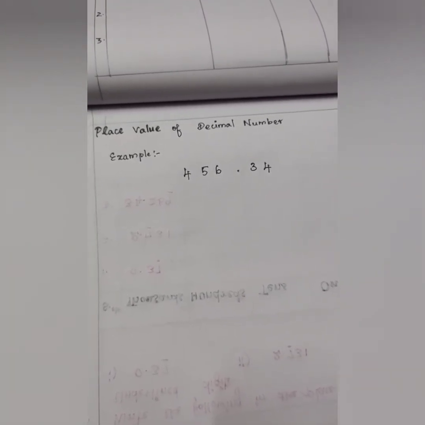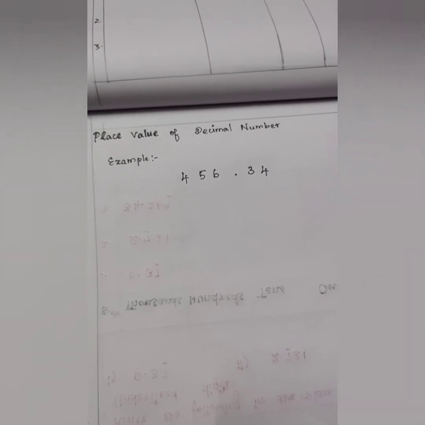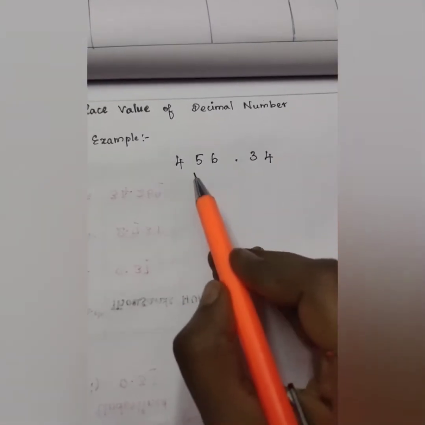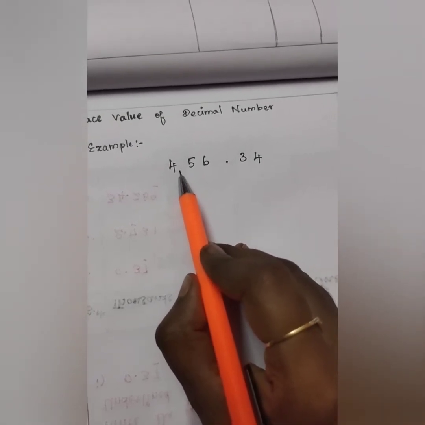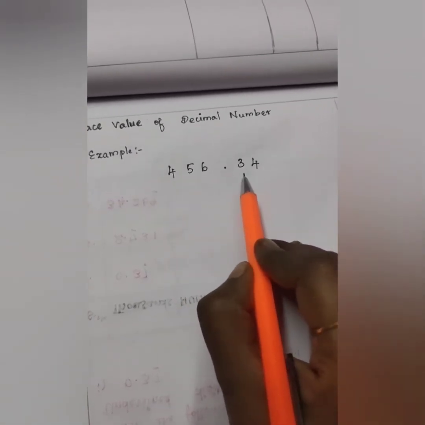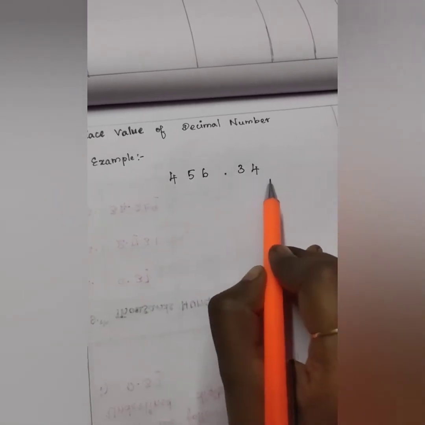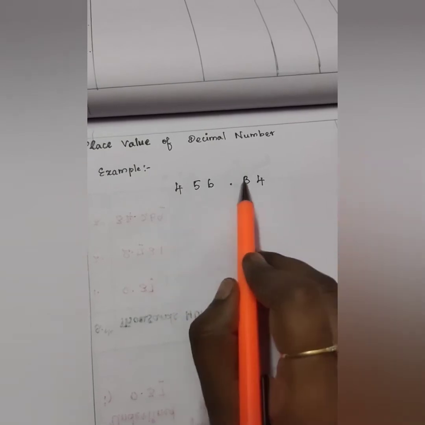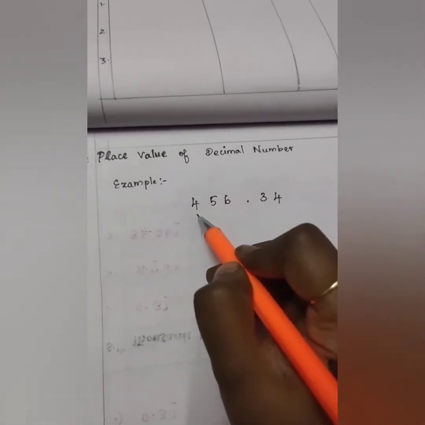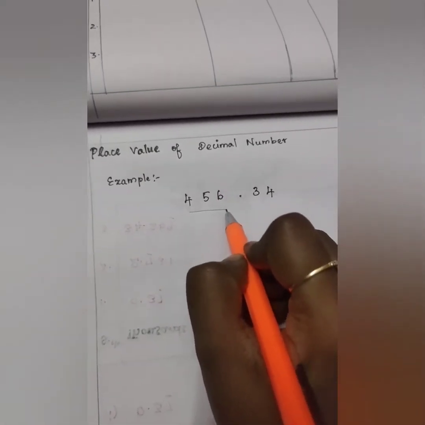Now we are going to see the place value of a given decimal number. See, as we discussed, how we have to pronounce it first, 456.34. This is the way of reading the given decimal number, right? Now we are going to see the place value. First I am going to find the place value for the whole part.